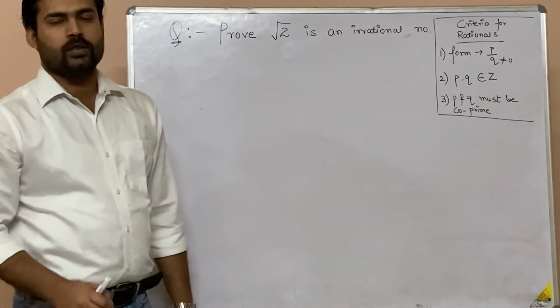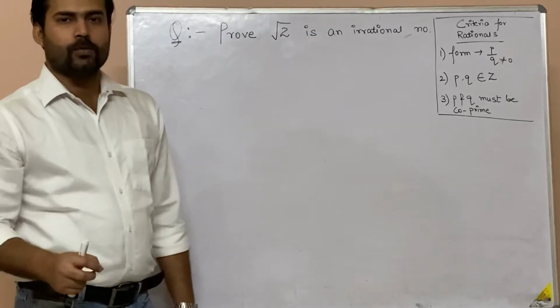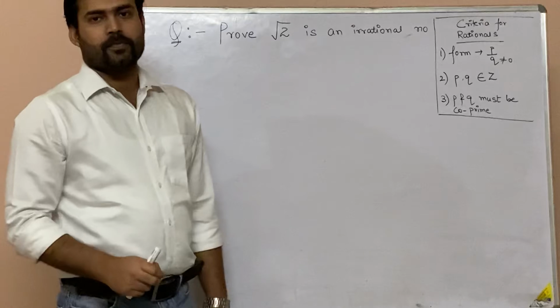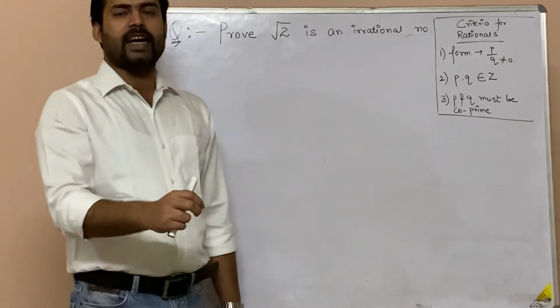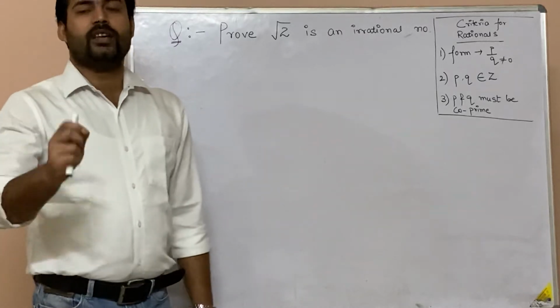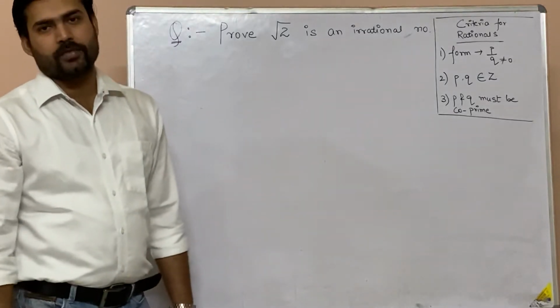This should be the approach. Whatever I tell you to find out, whatever I tell you to prove, you will take just the opposite of that, considering the opposite as an assumption to start off the question. This is the first step for contradiction.